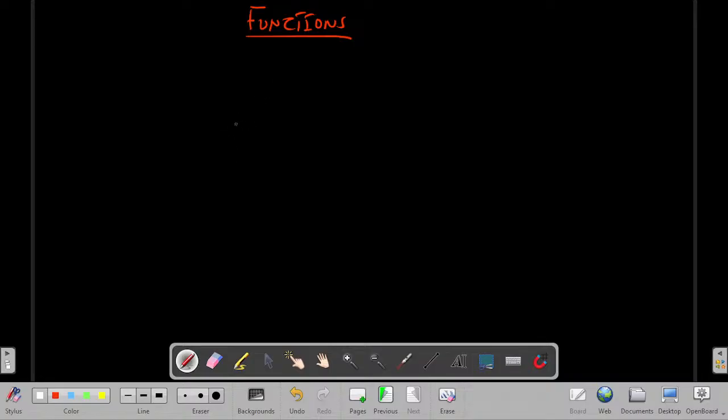What is a function? What does a function mean? A function is simply a black box, and this black box takes an input and brings out something which we call an output.